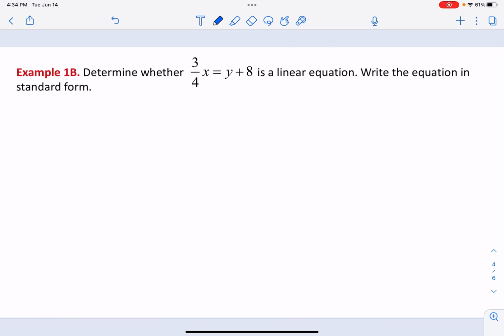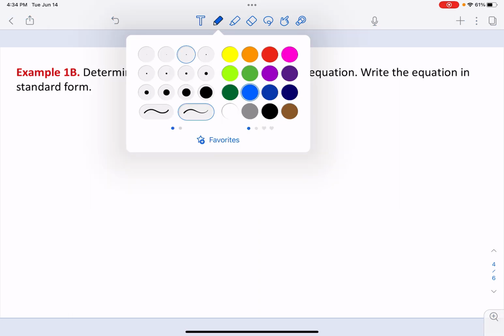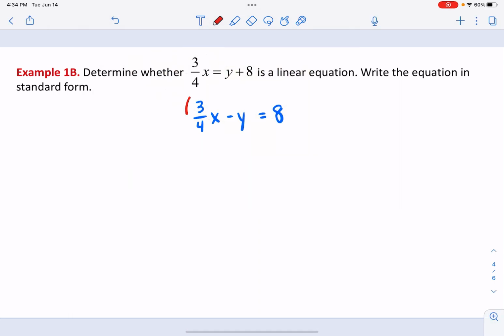So determine whether this is a linear equation, write in standard form. So get your variables on one side. So I subtract the y over. Now, the thing that you need to realize is a, b, and c can't be fractions. They need to be integers. So I have to multiply by a number to clear out that fraction.